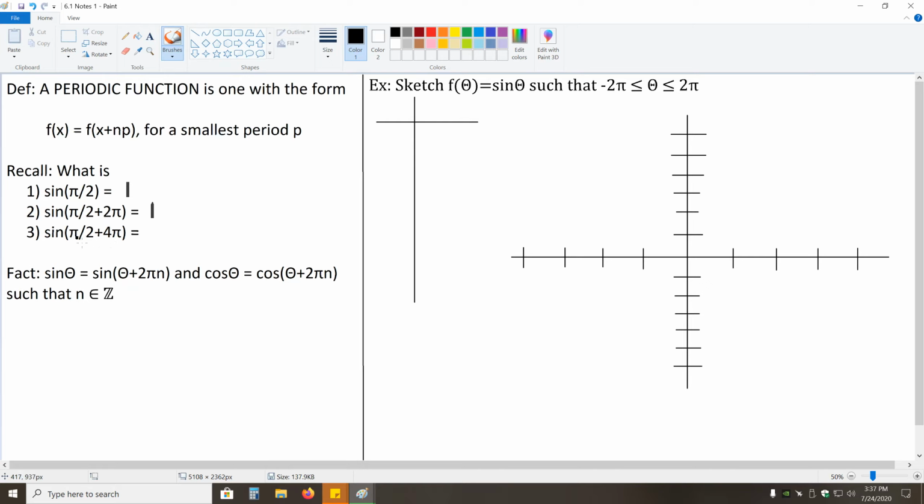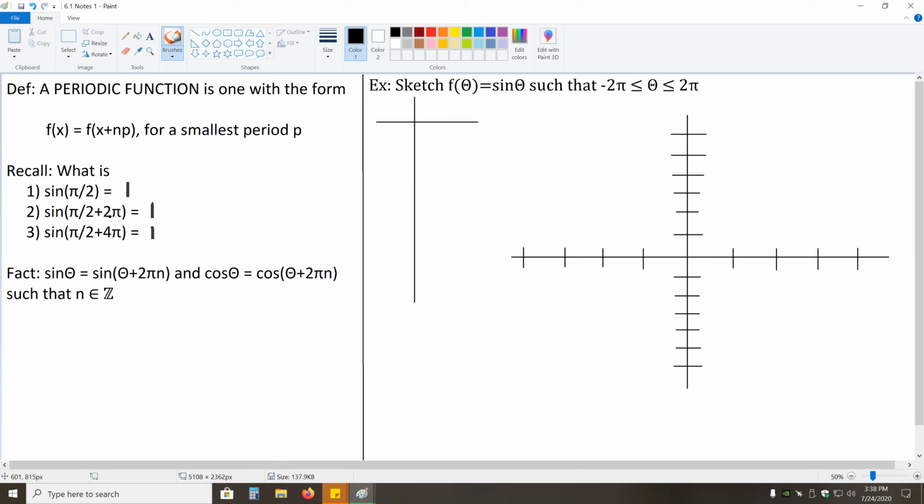And sine of pi over 2 plus 4 pi, well, that just means we've made 2 complete rotations. We're dealing with the same angle in terms of a reference angle. It's still going to be pi over 2 is our main focus. So sine of this angle is the same thing as sine of pi over 2 again, which is 1.